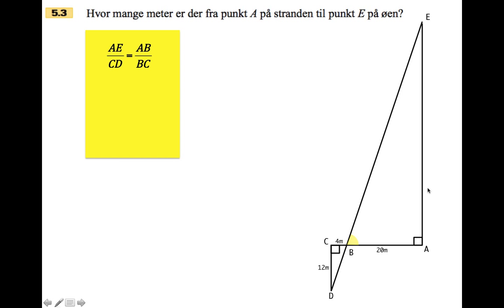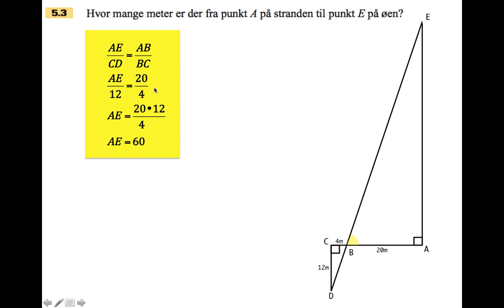Okay, so the missing one divided by the one that looks like it in the small triangle is going to be the same as the 20 divided by the 4, because the triangles are similar. So putting in all the numbers, AE divided by 12 equals 20 divided by 4. Multiply both sides by 12 to get AE equals 20 times 12 divided by 4, and that's 60. So the missing side, AE, is 60.